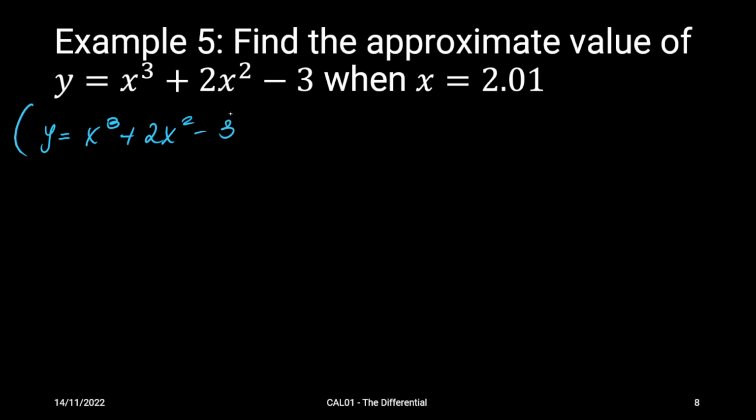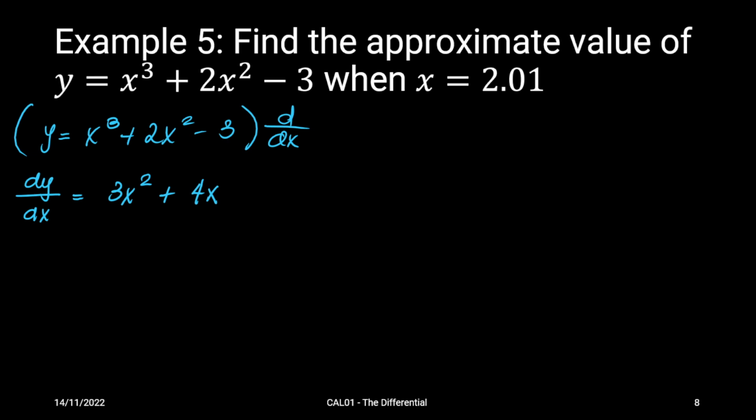Then, let's get the derivative. Hence, we have dy over dx is equal to 3x squared plus 2 times 2, 4x minus 0. No? So, this is already a constant.